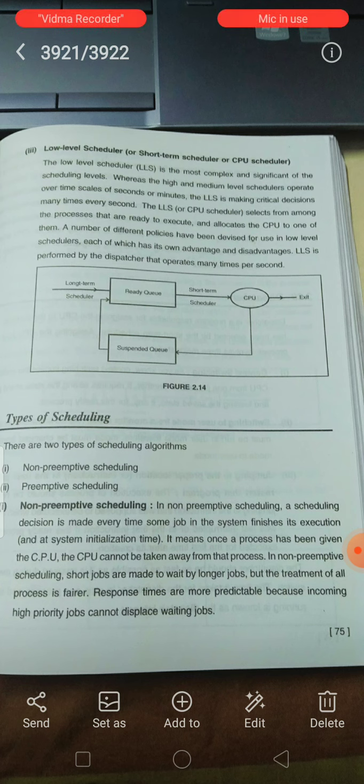In non-preemptive scheduling, short jobs are made to wait by longer jobs, but the treatment of all processes is fair. Response times are more predictable because incoming high priority jobs cannot displace waiting jobs.